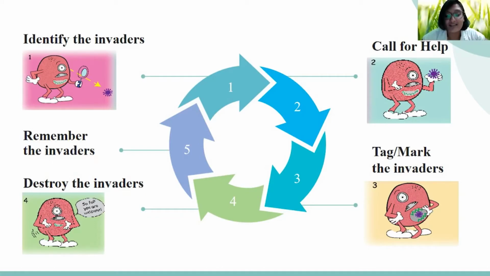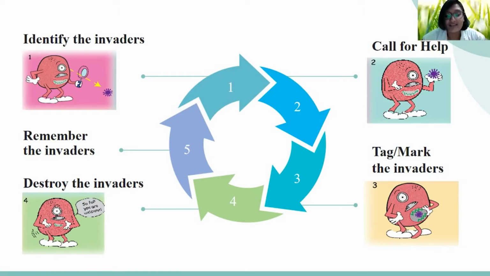When the first cell identifies the bacteria, other cells get the signal. Thirdly, the bacteria has been tagged or marked. The cell will mark the bacteria and viruses.